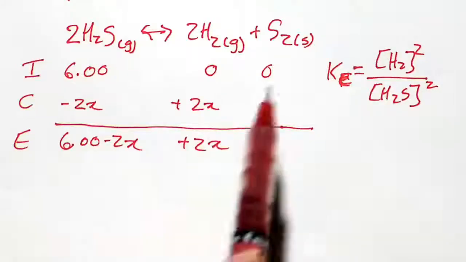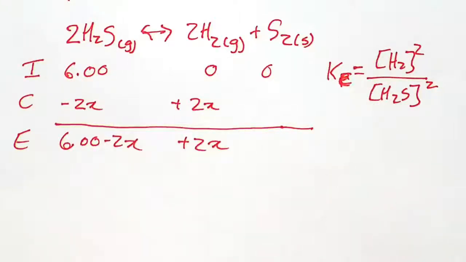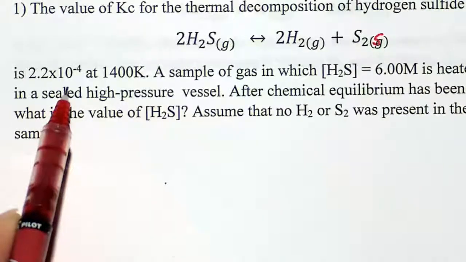With our ICE table complete and the equilibrium expression in concentration for these gases written, we now can plug in our equilibrium concentrations for these 2 molecules that will settle, and they have to settle by satisfying this equilibrium constant and equaling the constant of 2.2 times 10 to the minus 4.